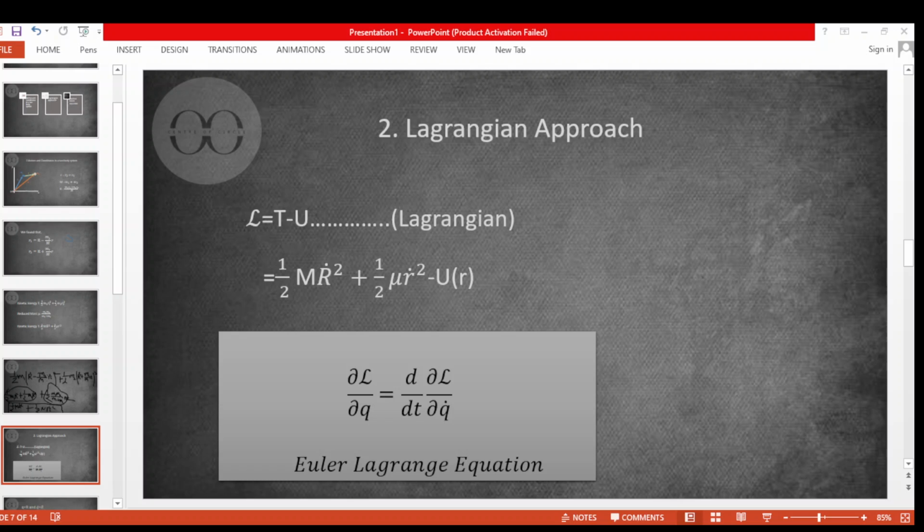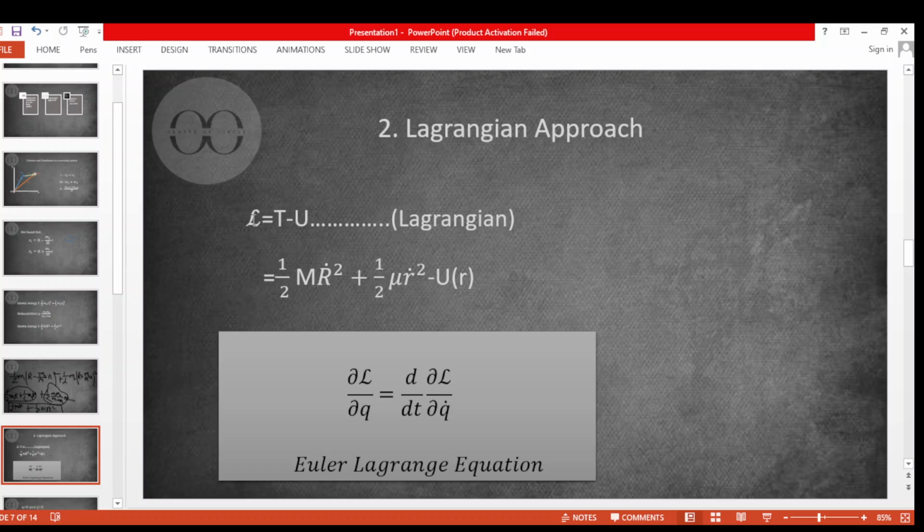So what is a Lagrangian? In simple words, at first I want to clarify something. We will not look deeper into the Lagrangian, so I'm not mentioning the exact physical meaning of the Lagrangian here, but just the mathematical stuff. Mathematically, the Lagrangian is the difference between the kinetic energy and the potential energy of the system.